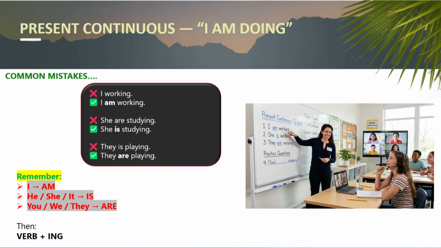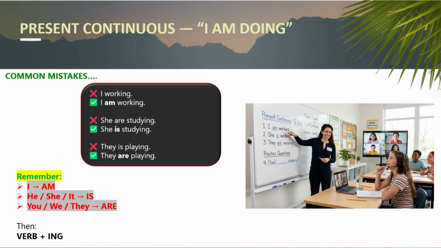We don't say, I is working. We say, I am working. We don't say she are working, we say she is working. And we don't say they is working, we say they are working. So remember, I am, he is, she is, it is. You are, we are, and they are.